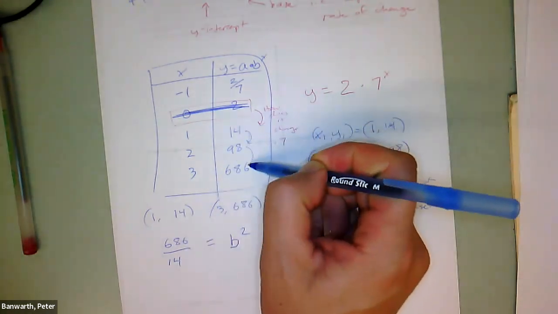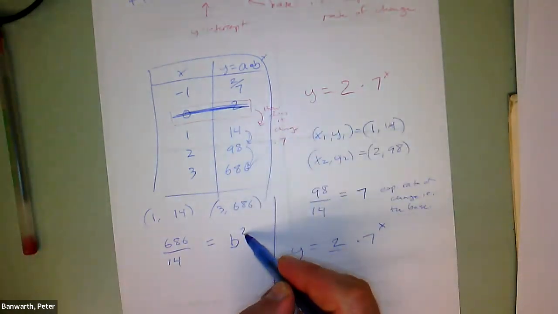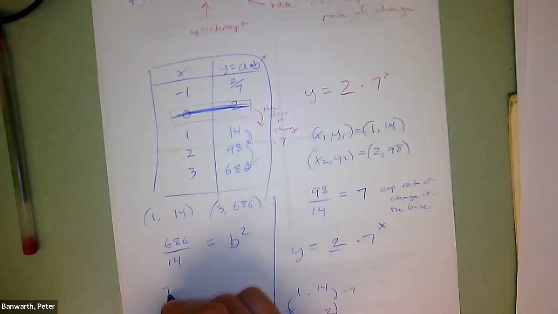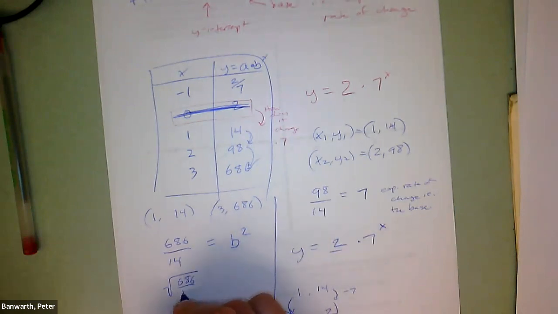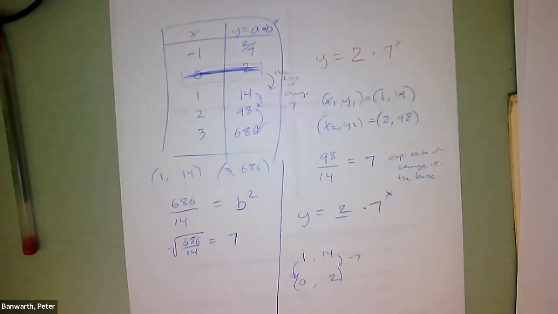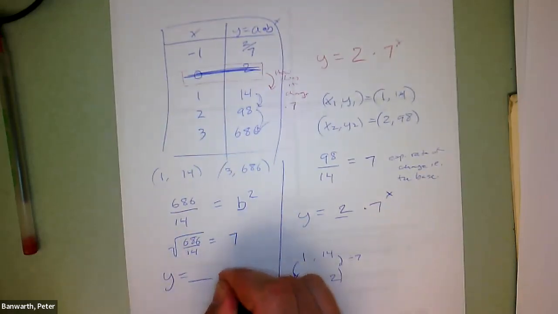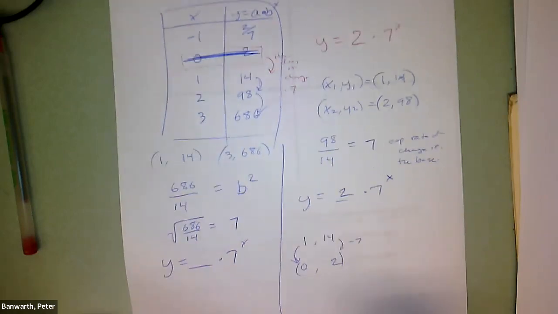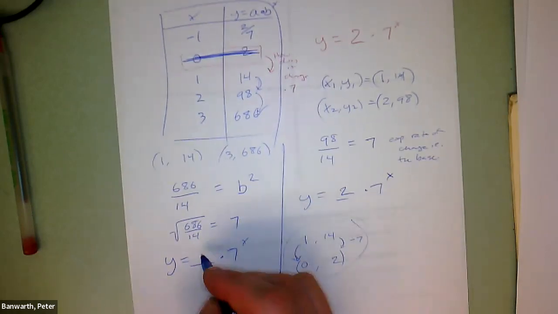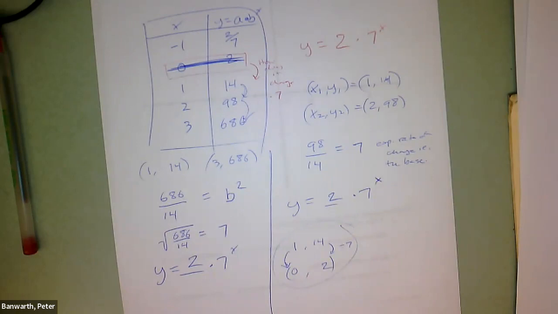So there's 1, 2 steps there, so it's squared. So I take the square root of 686 over 14, and you're just going to have to trust me that that's 7. So I know y is something times 7 to the x. And then I can use the same process to figure out that should be a 2.